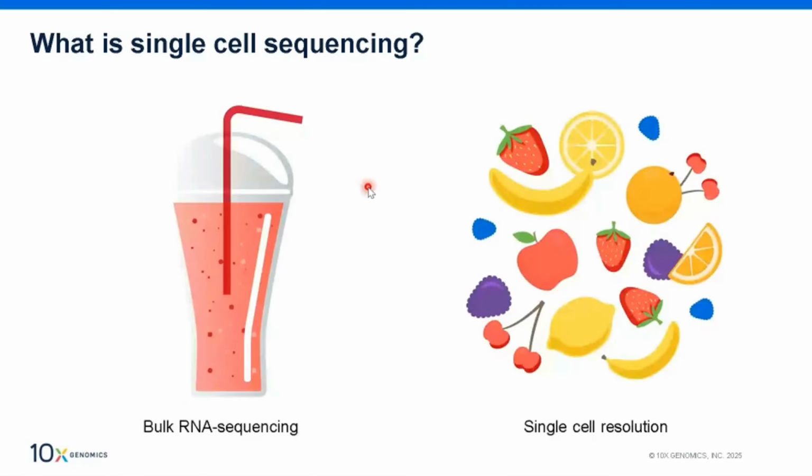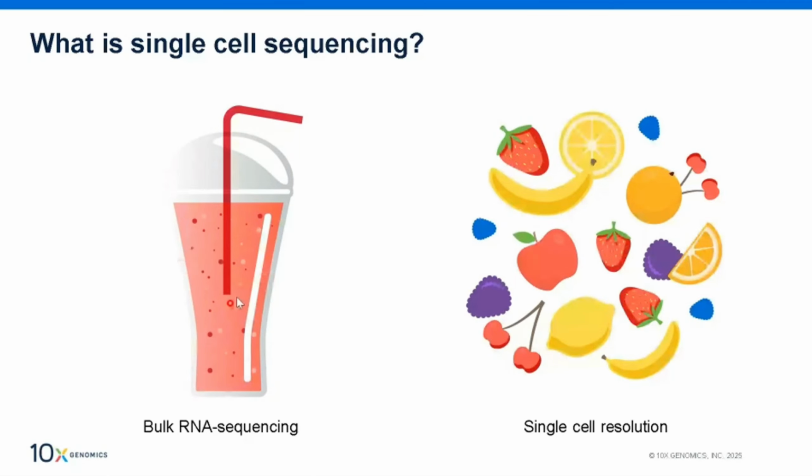This is an analogy commonly used by 10x Genomics. The traditional NGS sequencing, which we call bulk RNA sequencing, is like a blended fruit juice. There are so many fruits that we blend together and mix. So based on the flavor, we can still get a hint of what kind of fruit is being used.